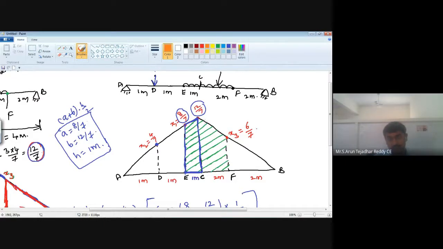So here create area because it is UDL. Now observe only brick color because it is completely right portion.